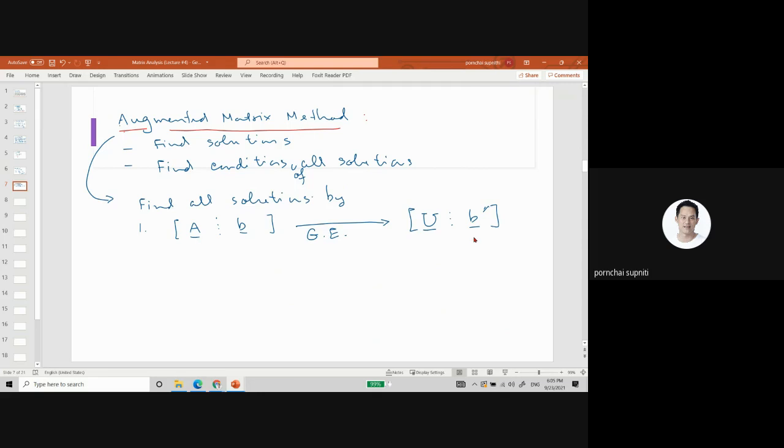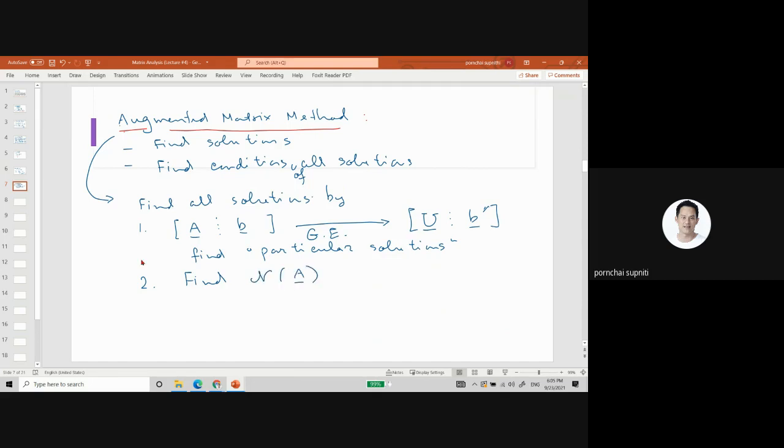Then we get the solution from here, from which we can find a particular solution. For the second step, we try to find the null space.